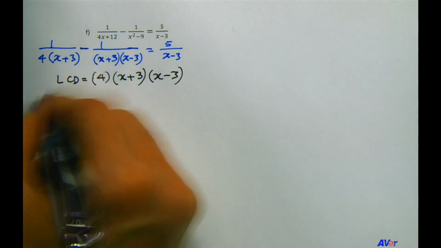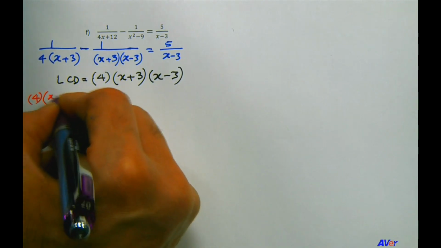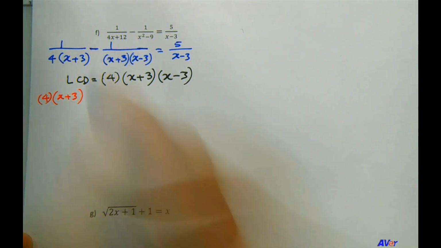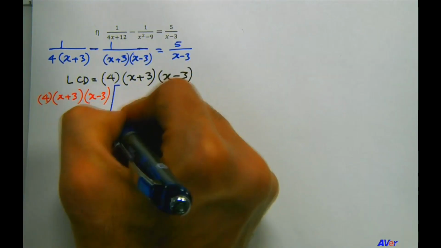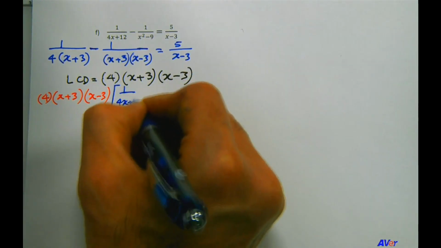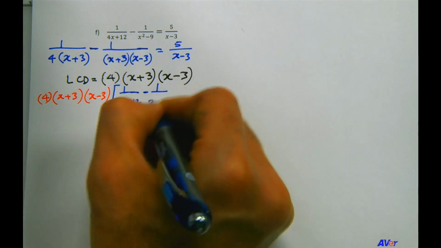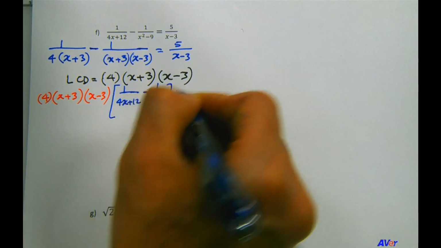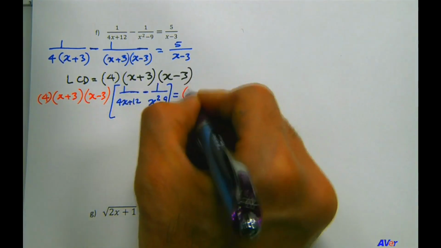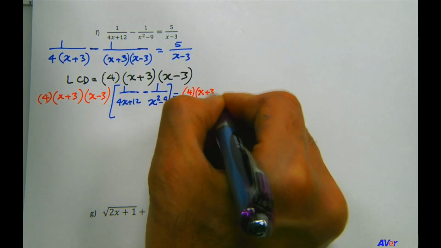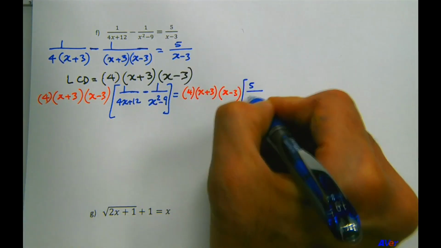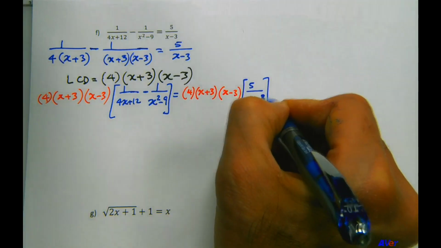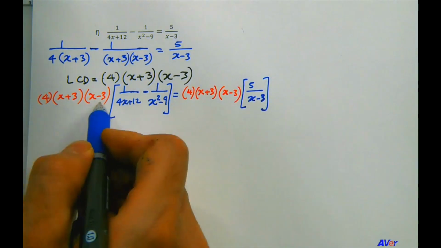So let's do that. 4 times x plus 3 and times x minus 3, which is our LCD, times all of the left side, which is 1 over 4x plus 12, minus 1 over x squared minus 9, equals all of that LCD again multiplied by the right side, times 5 over x minus 3, like that. Okay, so let's distribute but not simplify.